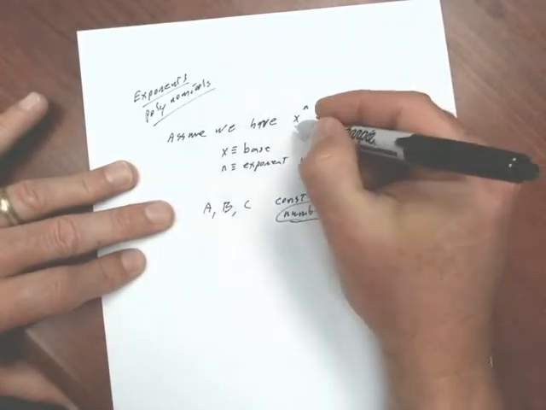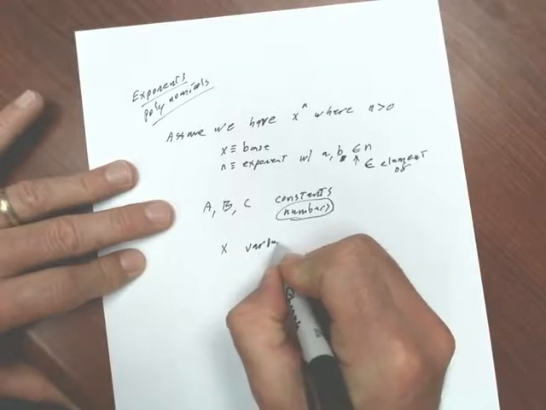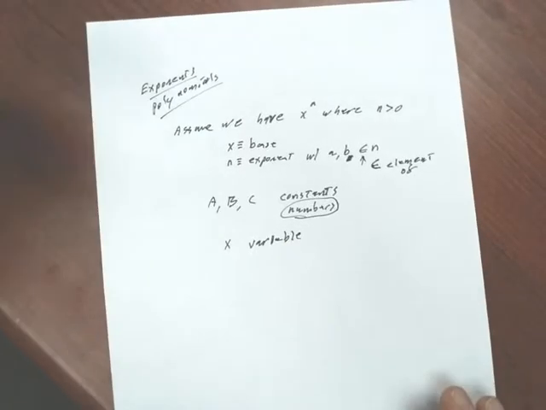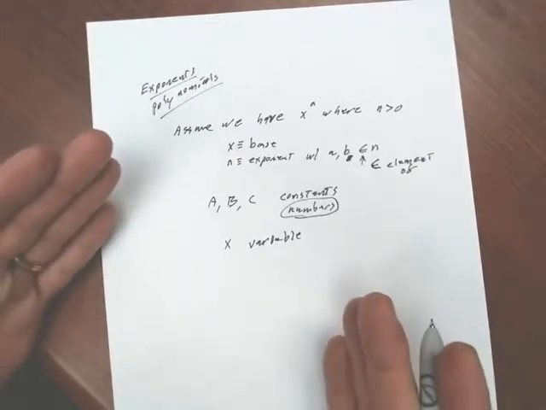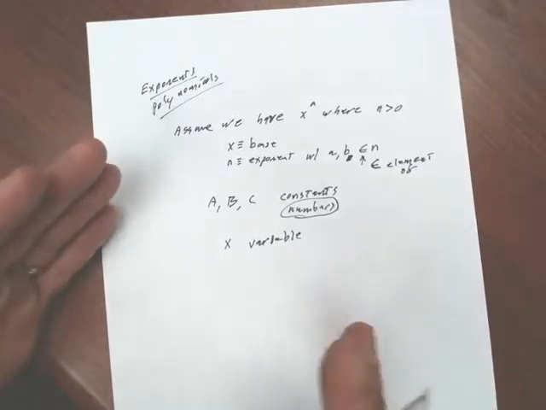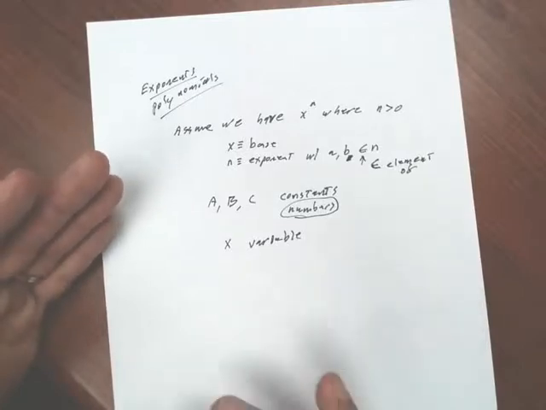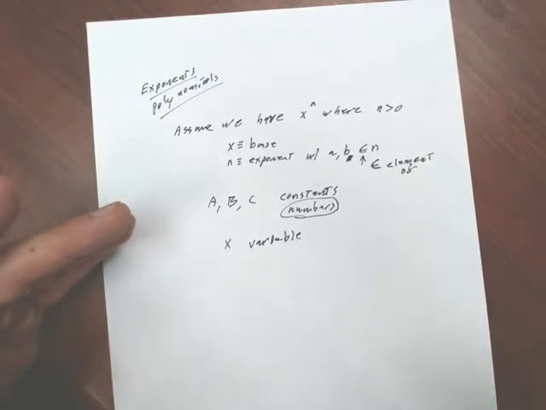However, x we call a variable. That means x can take on whatever number it wants to take on. In other words, you use x in a notational form that unless you establish x as taking on a specific value, it remains x.